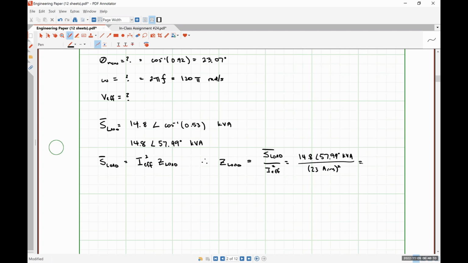So somebody please tell me what that is, in, let's say, rectangular form. And that's in ohms.